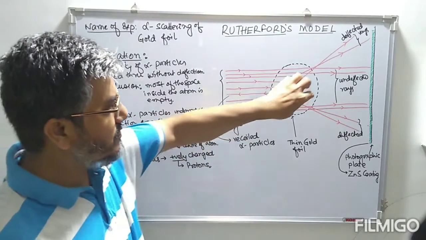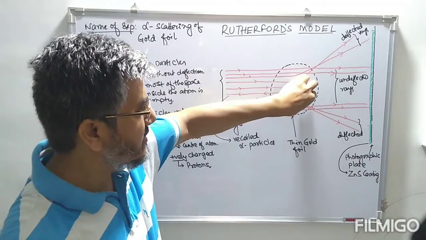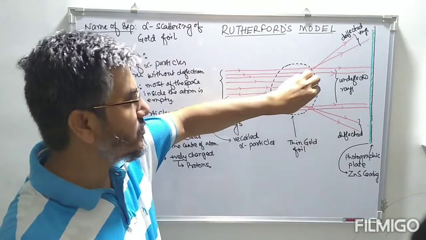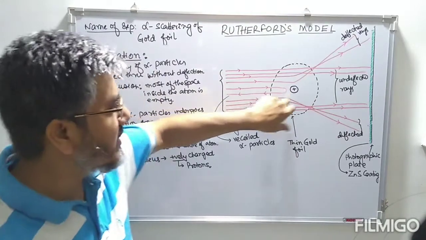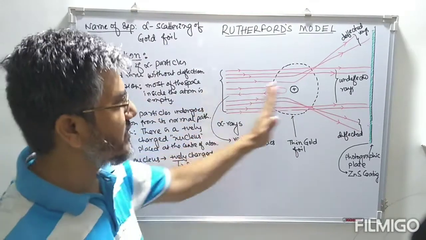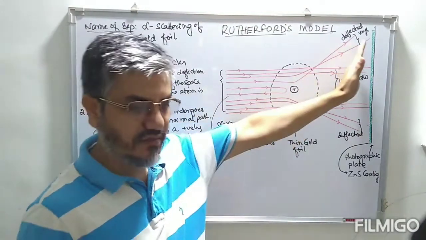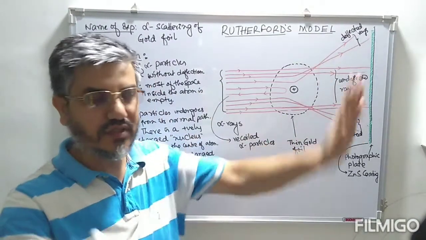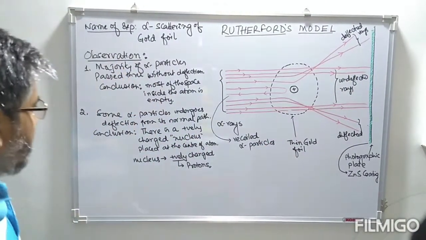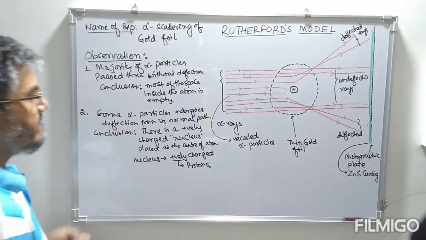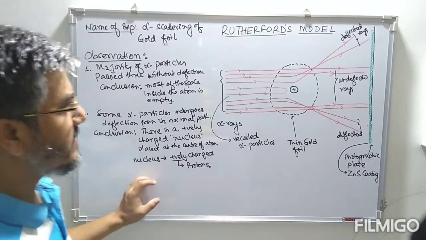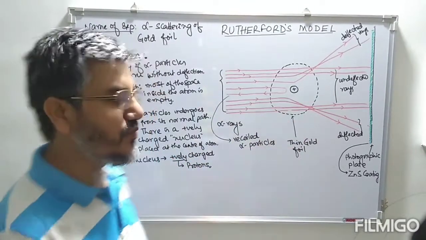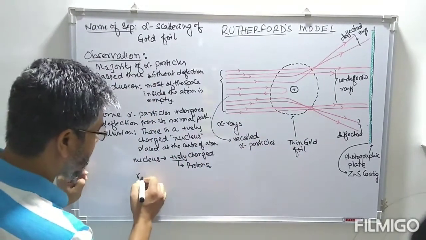The protons are present inside the nucleus, and due to these protons the nucleus is positively charged. When the alpha particles come near this nucleus, they undergo deflection by certain angles. That means positive-positive repulsion.